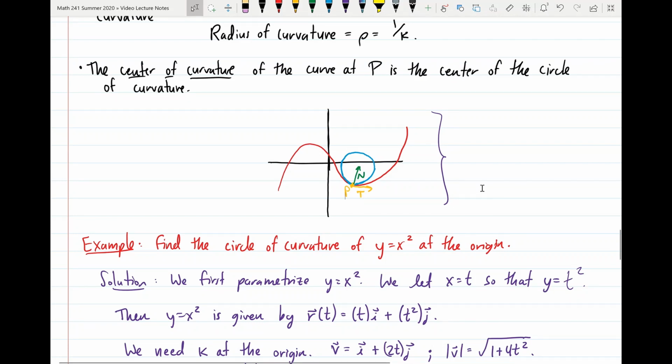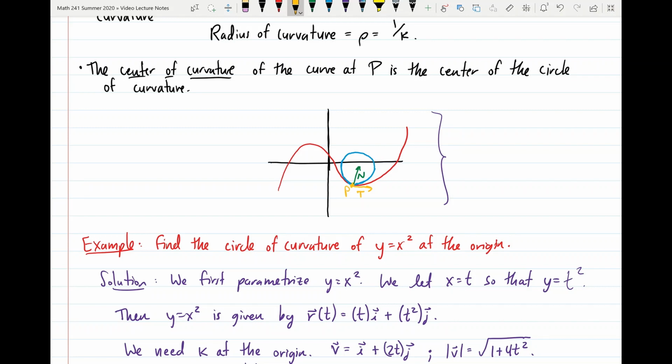So I have a curve drawn in the plane in red, and I've selected a particular point P in yellow along the curve. I've also drawn the unit tangent vector to the curve as well as the principal unit normal vector to the curve, both at the point P. And the circle in blue is what's going to be called the circle of curvature at the point P.